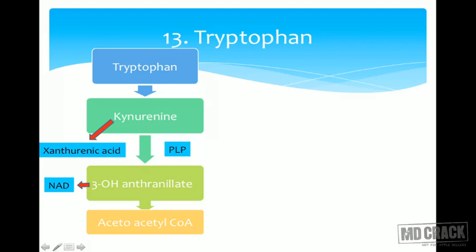Plus 3-hydroxyanthranilic acid, or anthranilate, is involved in the formation of NAD, and this is further converted to acetoacetyl-CoA. So the kynurenine pathway is both glucogenic and ketogenic. So tryptophan is both glucogenic and ketogenic.